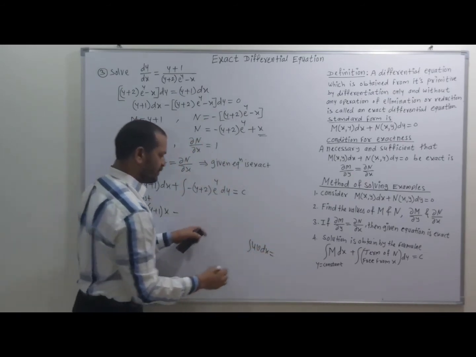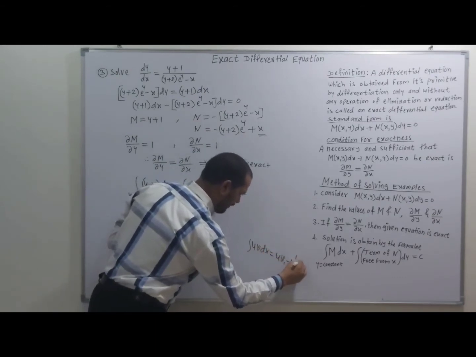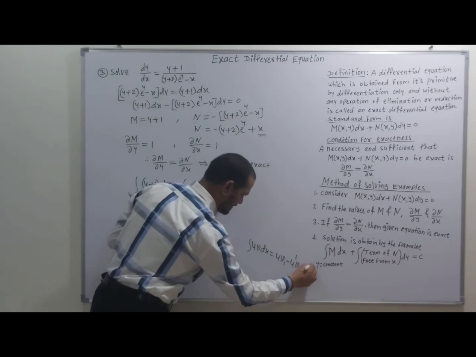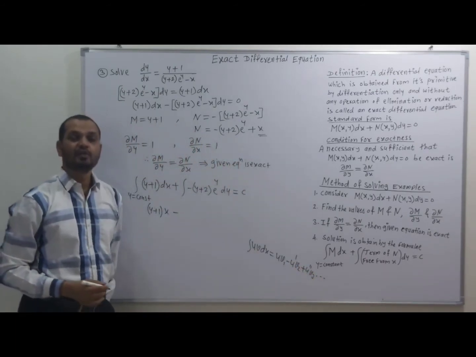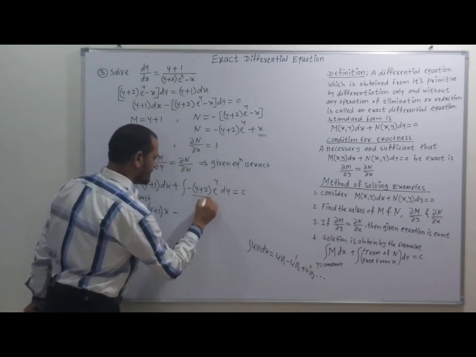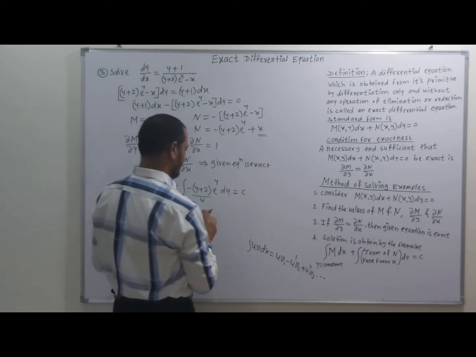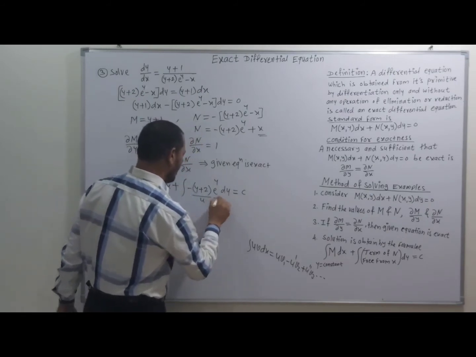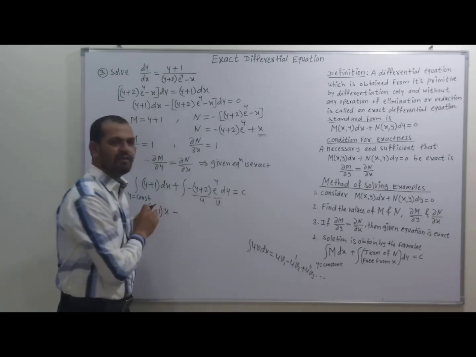The general rule says: first function times integration of second, minus derivative of first times second integration of second, plus second derivative of first times third integration, and so on. This is called the general rule for integration by parts. If we apply this rule here, this is the value of u and this is the value of v.